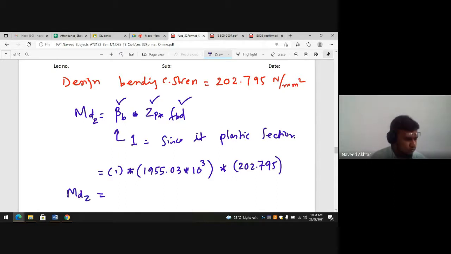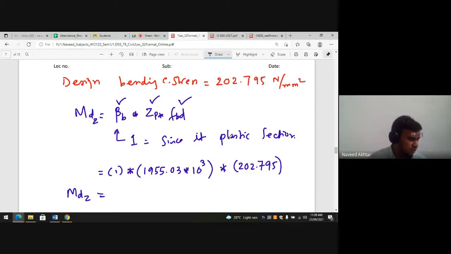MDZ value equals 1955.03 into 10 raised to power 3 into 202.795.